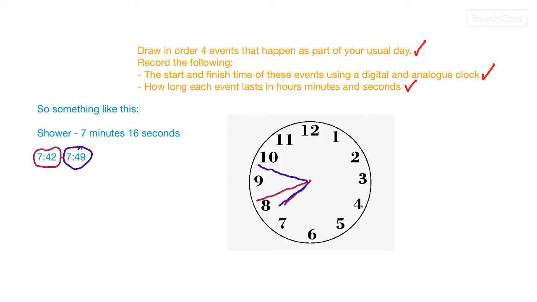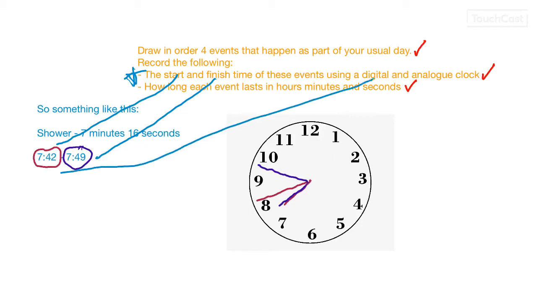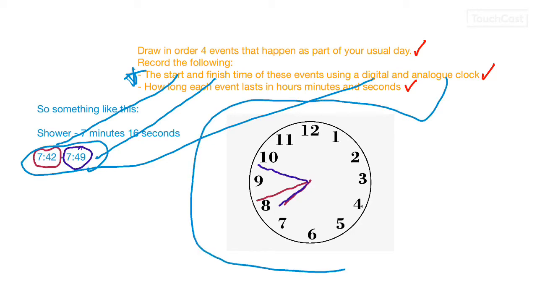So this part here, the start and finish time of these events, you can see the start time and you can see the finish time. That's on the digital clock. Notice how this is our analog clock.